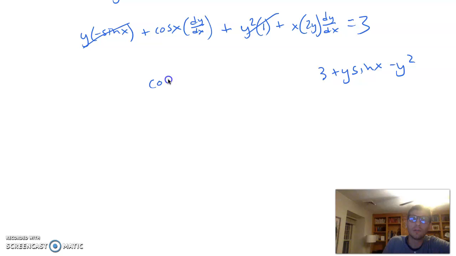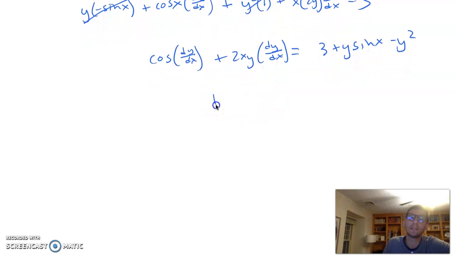Now I got my cos x dy dx. And then plus my 2xy dy dx. Once I factor that dy dx out, as we're starting to see, I just would end up dividing it by this. I get, let's see, I don't know what order to put it in the end, because it'll be funky different terms.